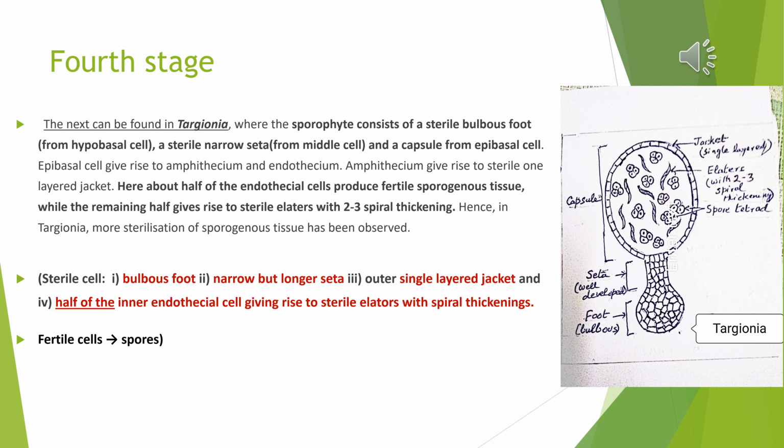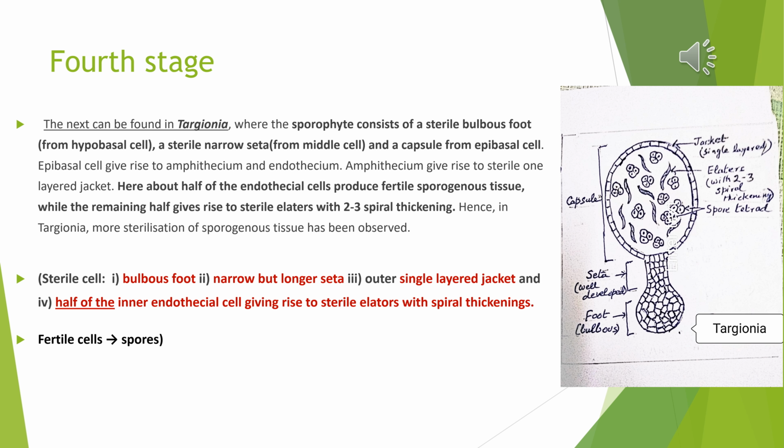Fourth stage. The next stage can be found in Riella, where the sporophyte consists of a sterile bulbous foot from the hypobasal cell, a sterile narrow but longer seta from the middle cell, and a capsule from the epibasal cell. The epibasal cell gives rise to amphithecium and endothecium.